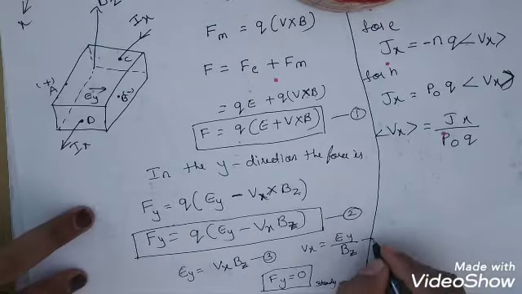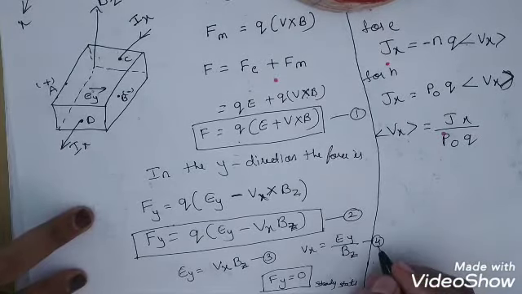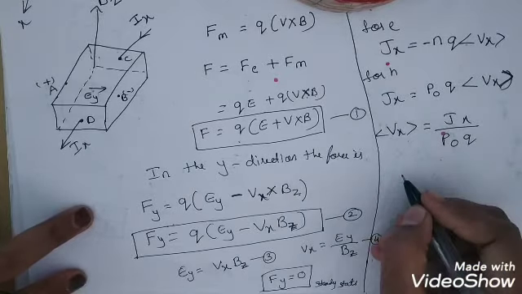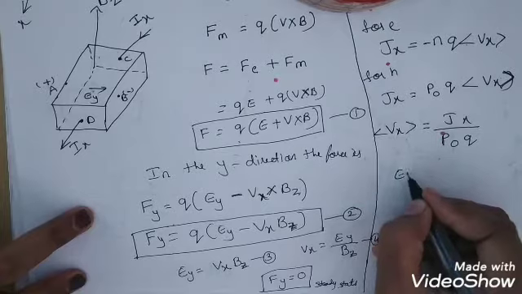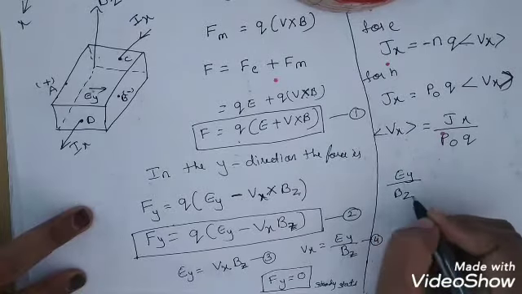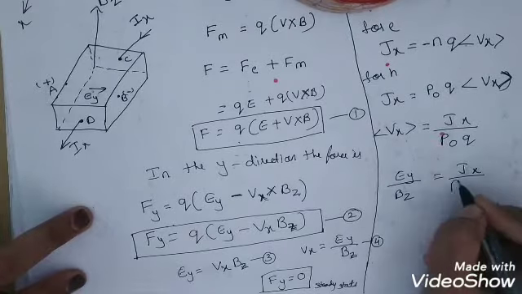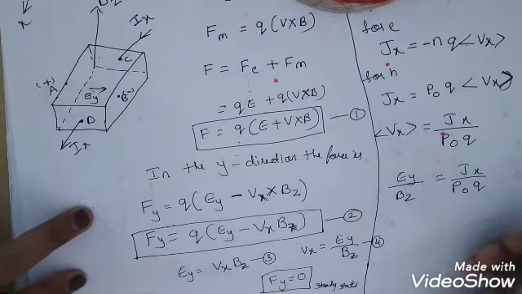Call this equation number 4. Now substitute equation number 4 in the above equation. Then it will be Ey by Bz is equal to Jx by P naught into Q.